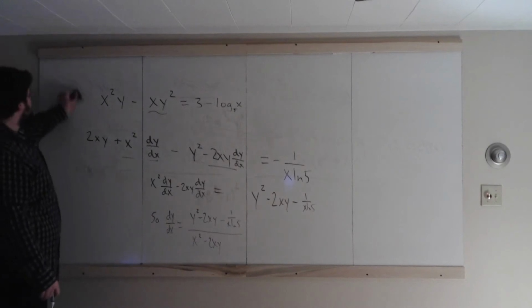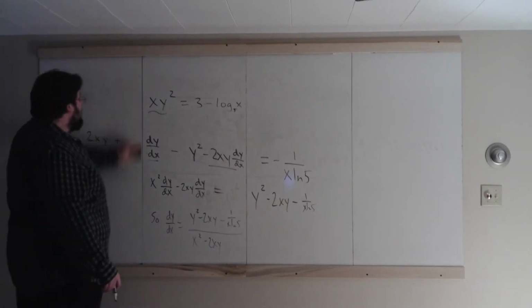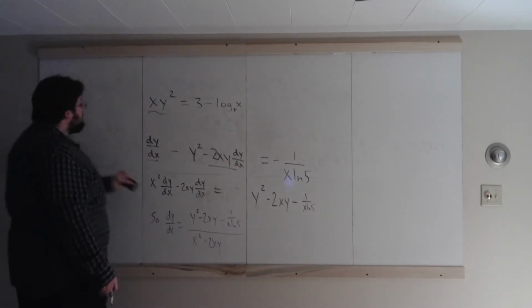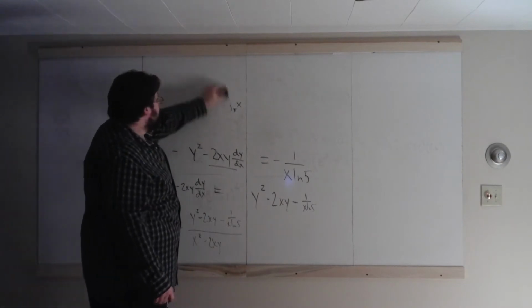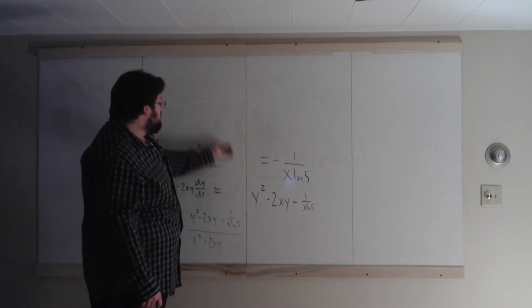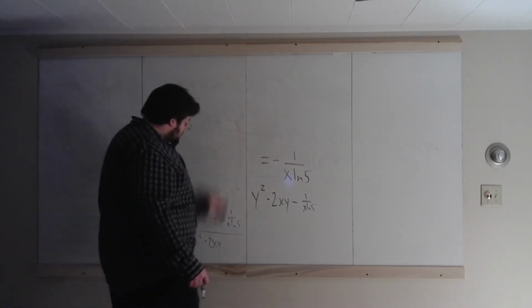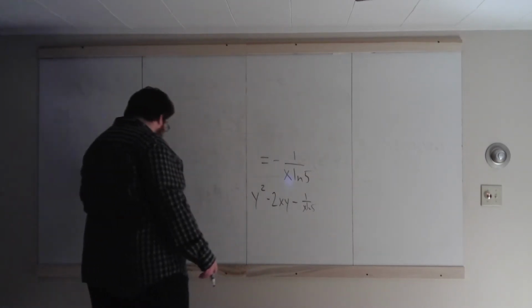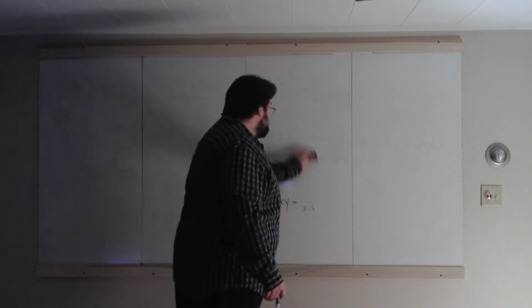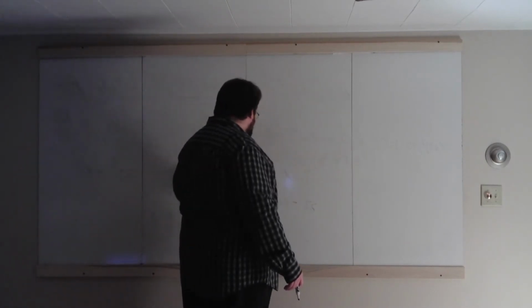So differentiate implicitly. You throw a dy dx on every term on which you take the derivative of a y. Then you simplify and solve. Well, I guess you don't have too much simplifying, more move terms around and then solve.